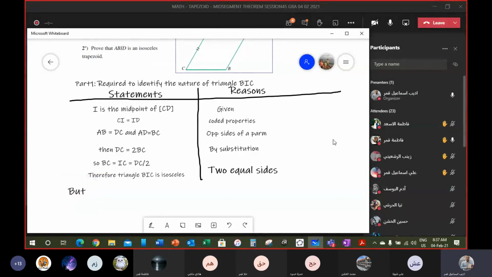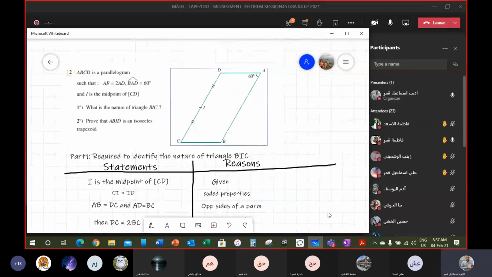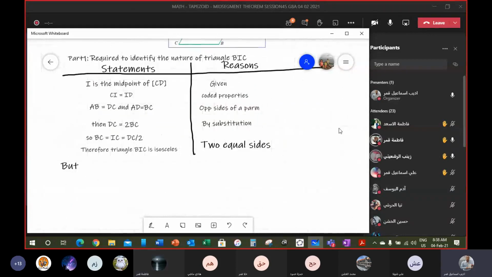طلعوا بالانجلز هلا. Angle BCD equal angle BAD equal قديش؟ 60 degrees. ليش equal هودي؟ Opposite angles of a parm.